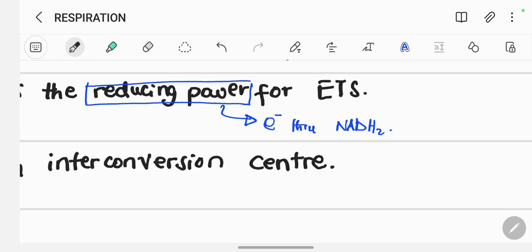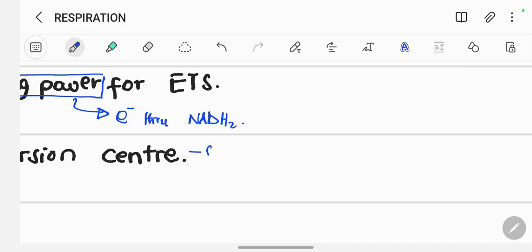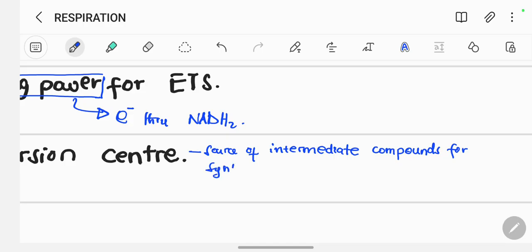It's a source of intermediate compounds for the synthesis of fatty acids, amino acids, and carbohydrates.